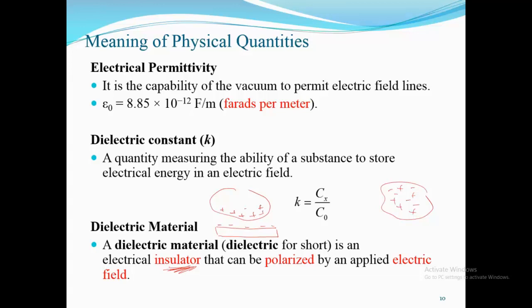So you'll be having positive charges here and negative charges on the other side. This is what we mean by polarization. When we bring some dielectric material near to the electric field, the material is polarized. Pole means side. One side positive, one side negative. So it is polarized, arranged properly.